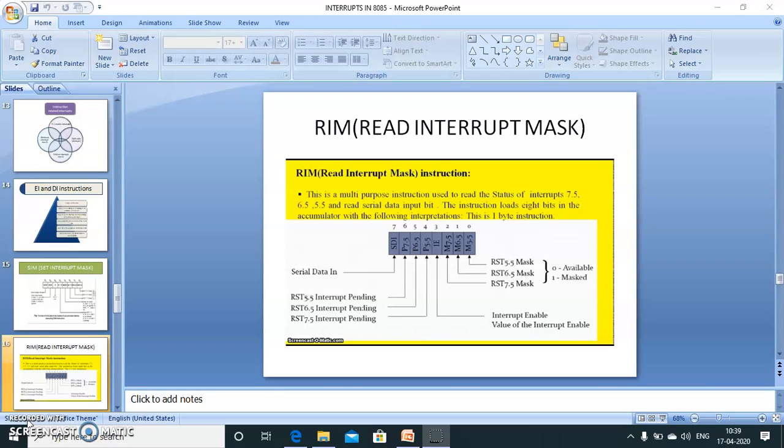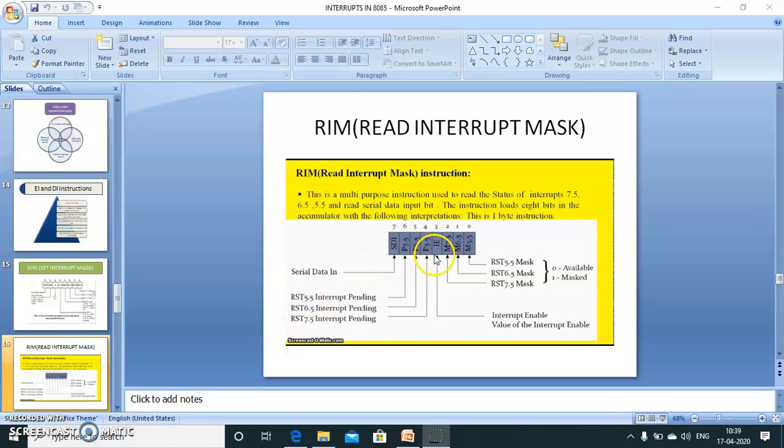Corresponding to IE: when we write the EI instruction in our main program, it makes IE become 1, that is, all interrupts are enabled. If we write a DI instruction in our program, IE becomes 0. The others are pending interrupts: P7.5 is related to RST 7.5, P6.5 to RST 6.5, and P5.5 to RST 5.5.